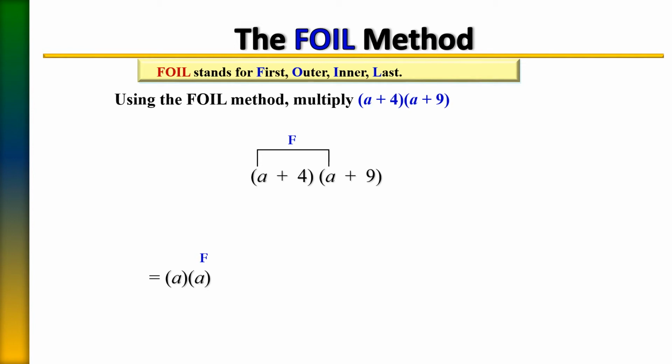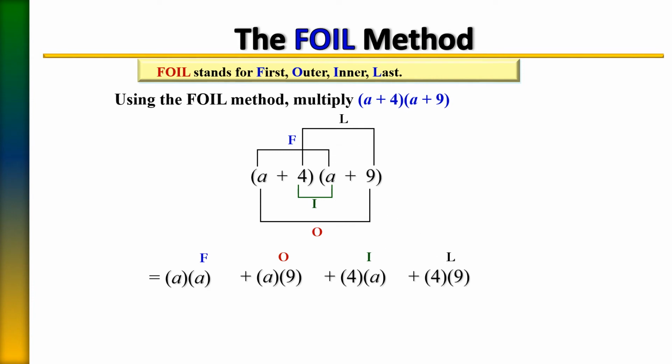Outer, the outside terms from both of the binomials, the outer terms. Inner, and then the last terms. Once we do that, we're going to go ahead and multiply across.